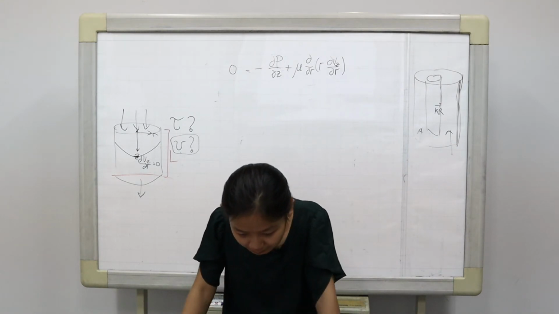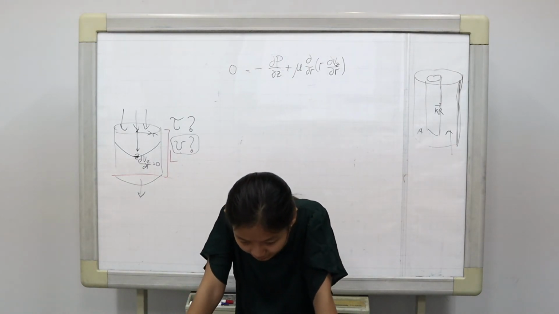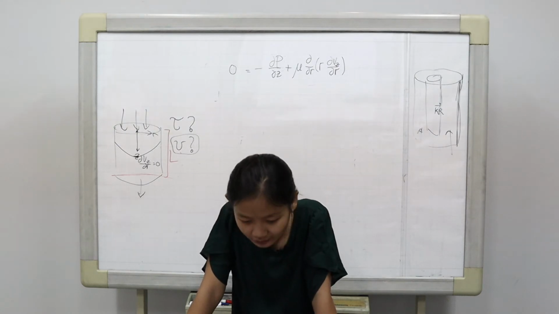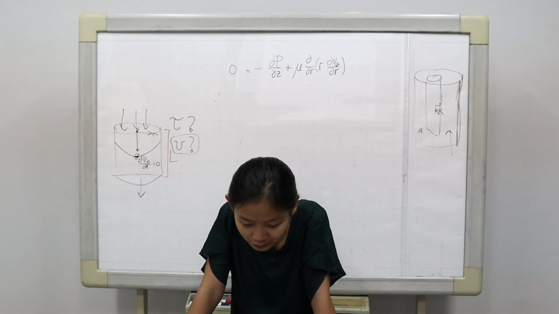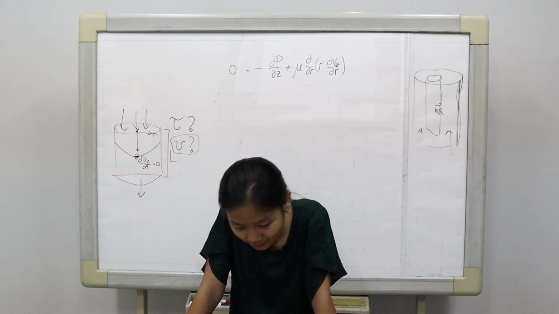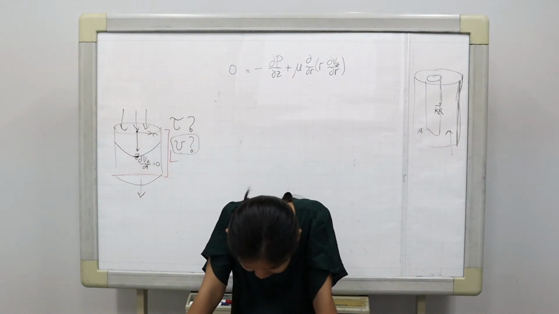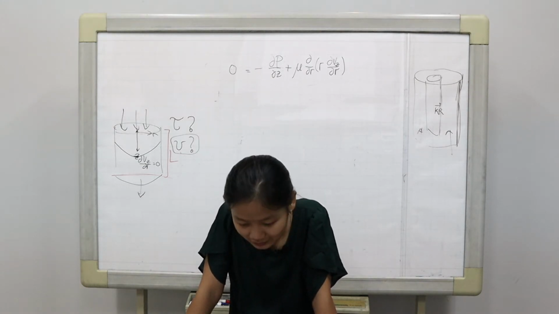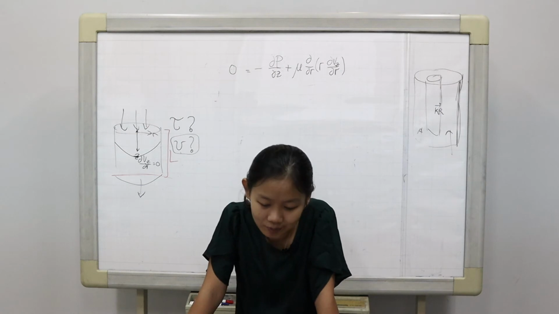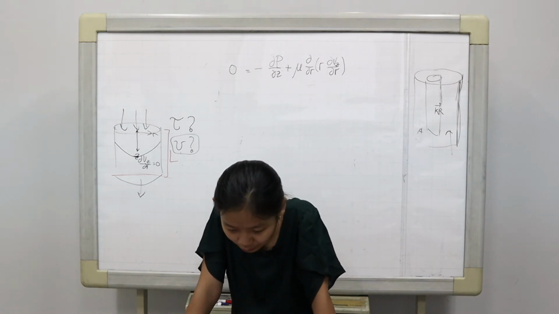Next term is 1 over r square dou square Vz over dou theta square. We don't have that because there is no dou Vz over dou theta, so that term is 0. Next is dou square Vz over dou z square. That one is also 0. And the last term we have is rho Gz.